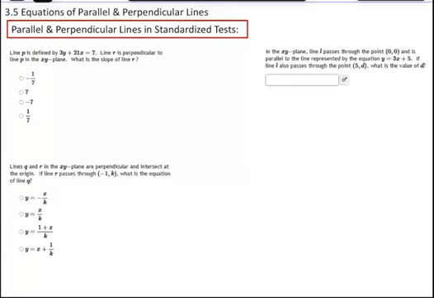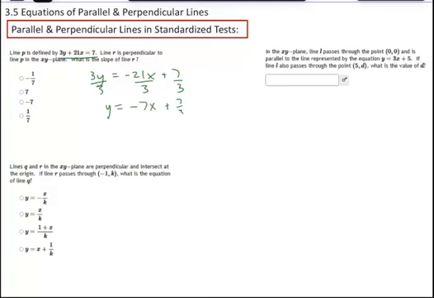The first one is on the easier side. It gives you an equation. It asks you to find what's the slope of a line that is perpendicular to that given equation. So if we find the slope of the given line, and we do that by solving for y, so we'll isolate the 3y, subtract 21x from both sides, leave the 7 where it is, divide each individual term by 3 to get your y equals form, your slope-intercept form.